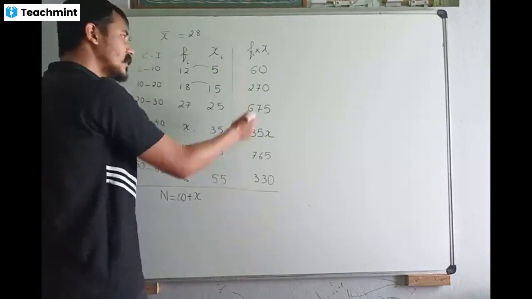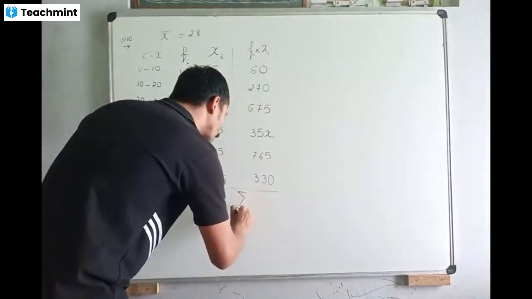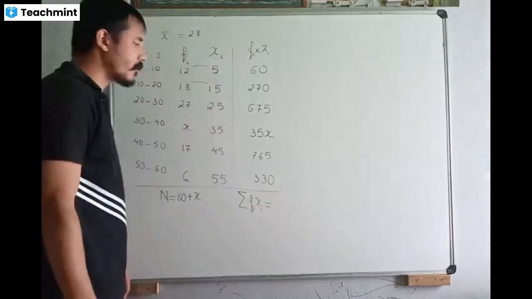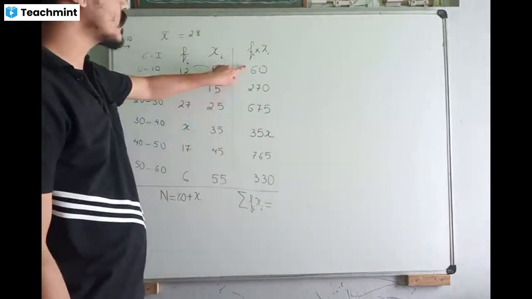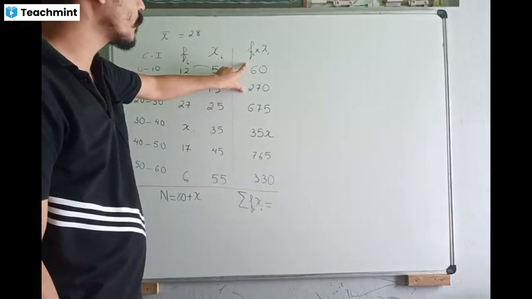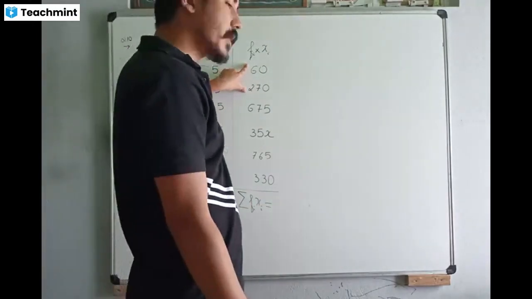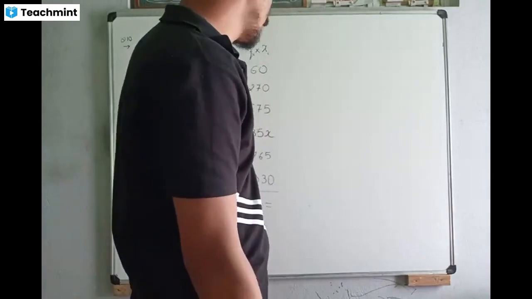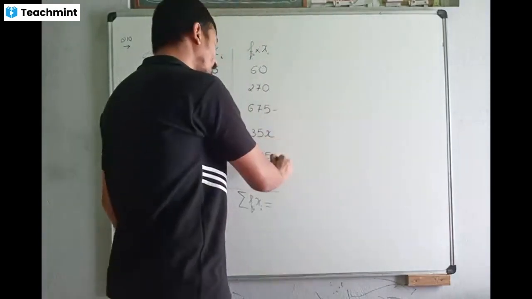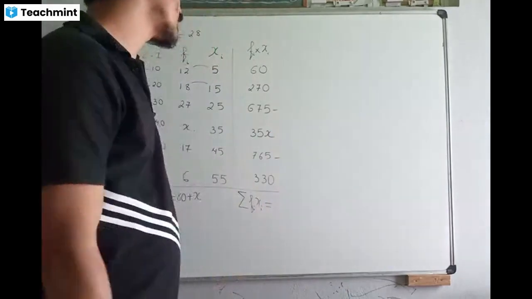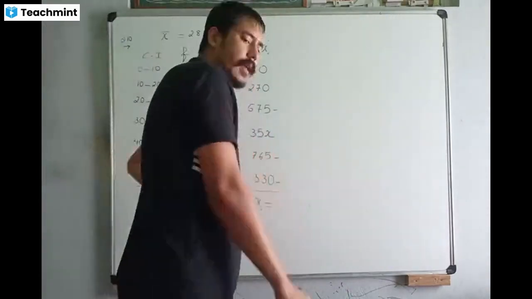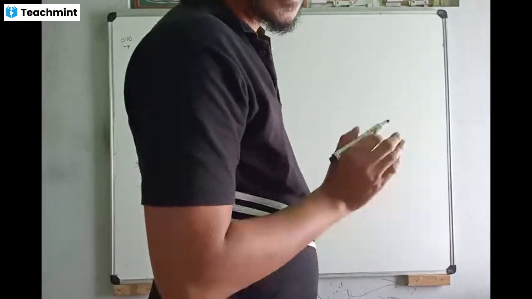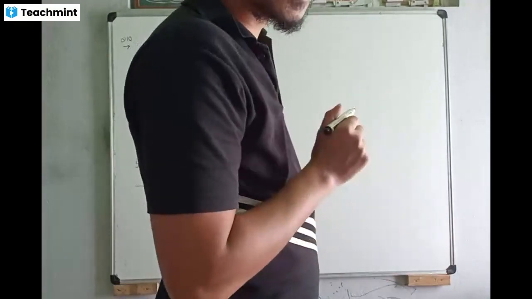And then we add up these values. Total value of Fixi. 60 plus 270, that will be 330. 330 added with 675, 675 added with 765, 765 added with 330 will give you a total of 2,100.